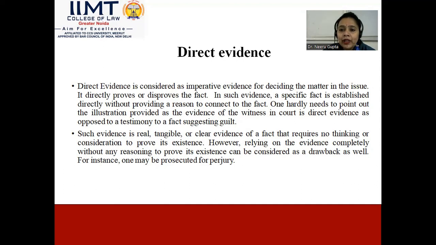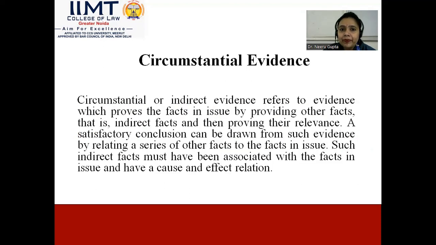However, relying on the evidence completely without any reasoning to prove its existence can be considered a drawback as well. Circumstantial evidence. Circumstantial and indirect evidence refer to evidence which proves the fact in issue by providing other facts, that is, indirect facts, and then proving their relevance.